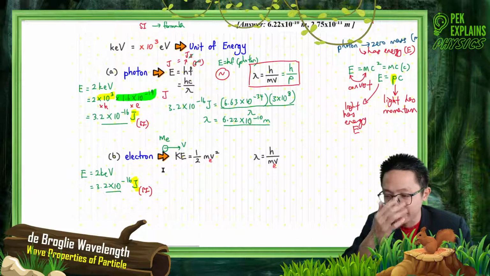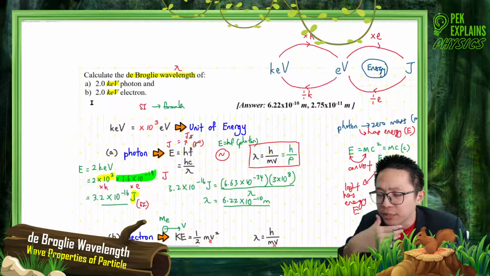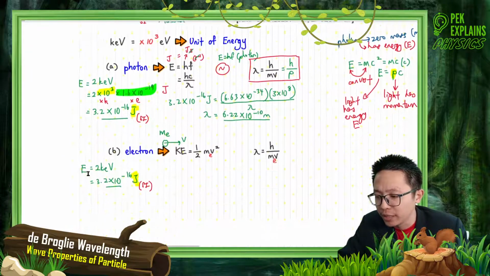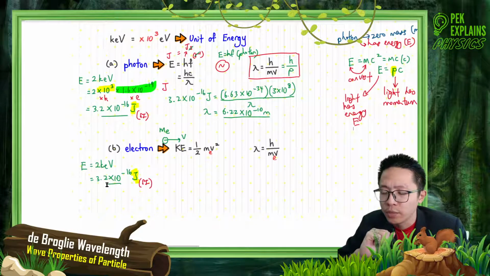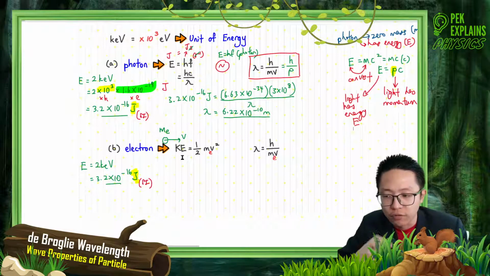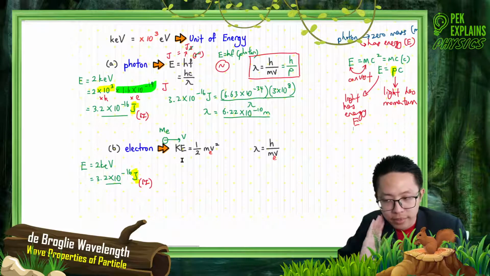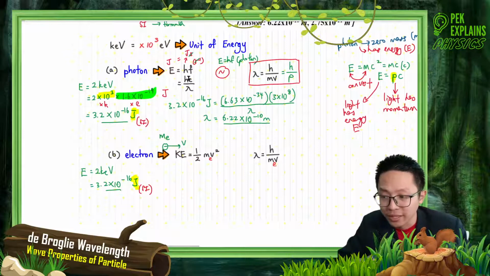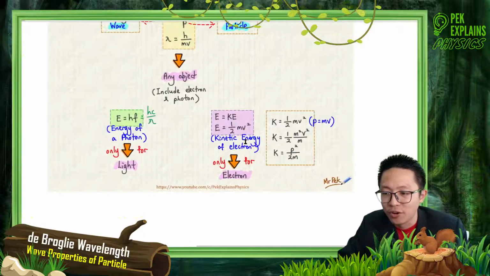Let's talk about the electron. 2 kilo electron volt, we converted to joule already, which is 3.2 exponent negative 16 joule. So that is the kinetic energy of the electron. Remember, electron doesn't have the photon energy hf. For electron we don't use hf.